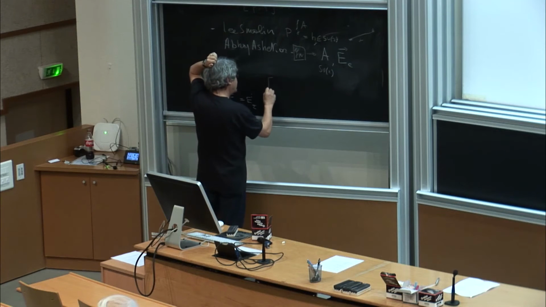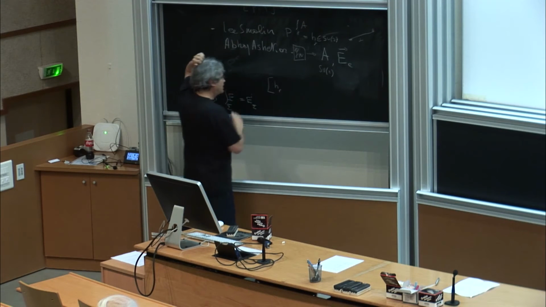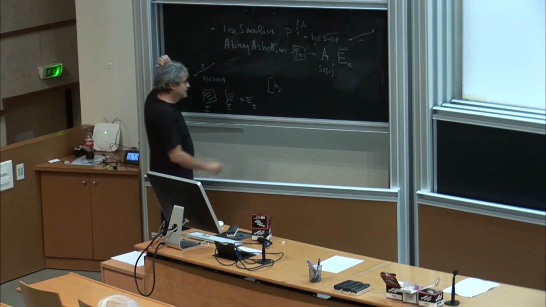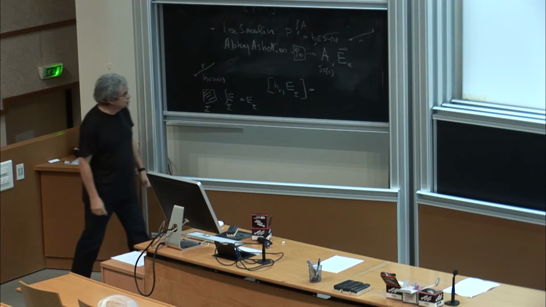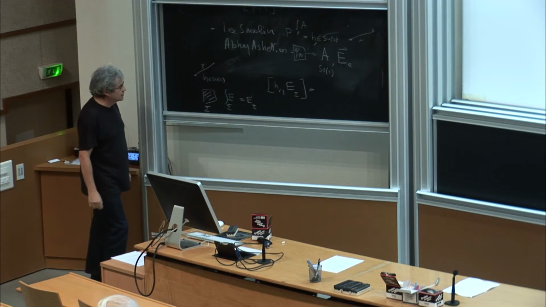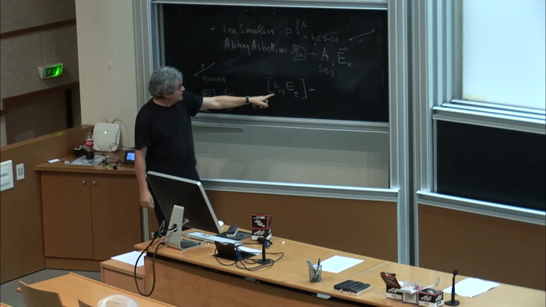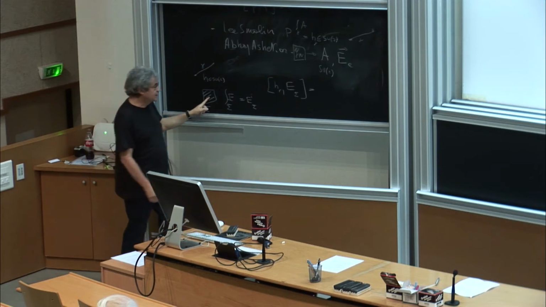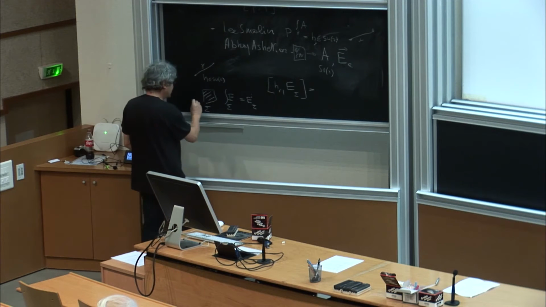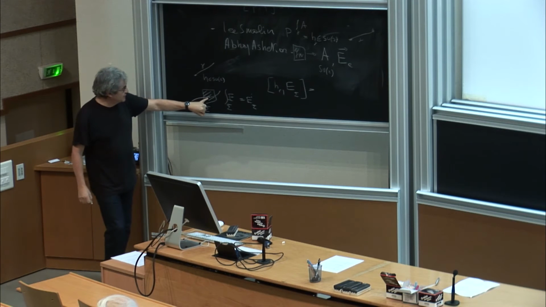If you have one of these SU(2) elements associated to a line, and this E associated to a sigma, the commutator of the two, or classically the Poisson bracket of the two, is 0 if the line does not go through the surface. And if it does go through the surface, so imagine you have a line here going to the surface, this is gamma, then there is an intersection point.